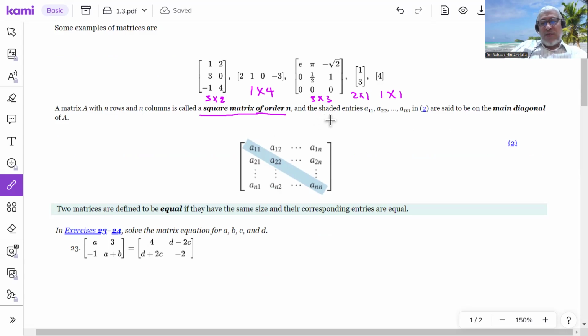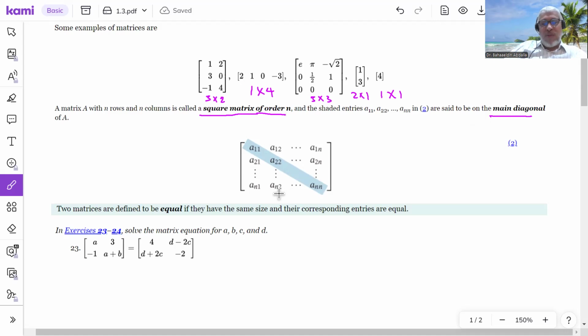And the shaded entries A11, A22, ANN are said to be on the main diagonal. So this is the main diagonal of a square matrix. We call them A11. This means the entry in the first row, first column.